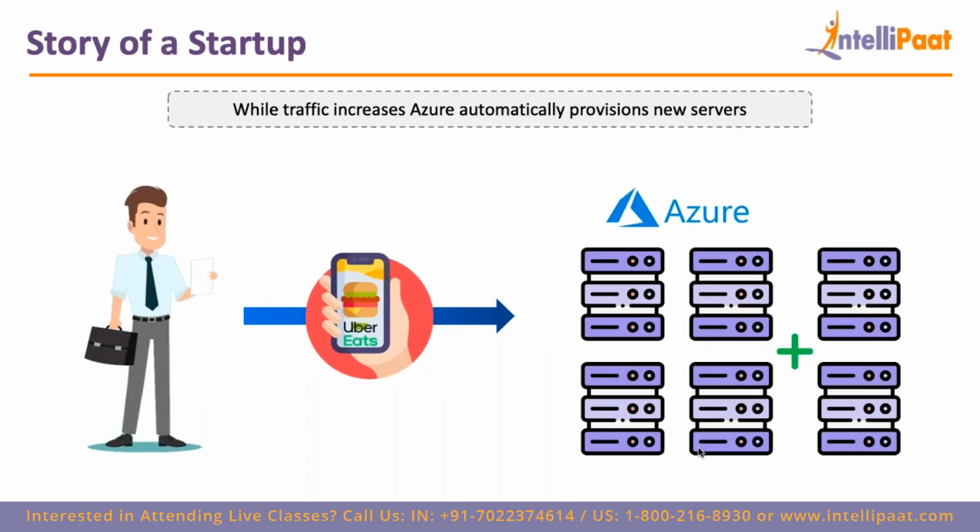Okay. So now with this, they also give you a feature wherein, let's say the load increases on your application, the CPU usage of the servers which are hosting your application increases. So automatically new servers will be added to your fleet. And as and when the CPU usage goes down to a particular number, it can also start removing servers from your fleet, right?